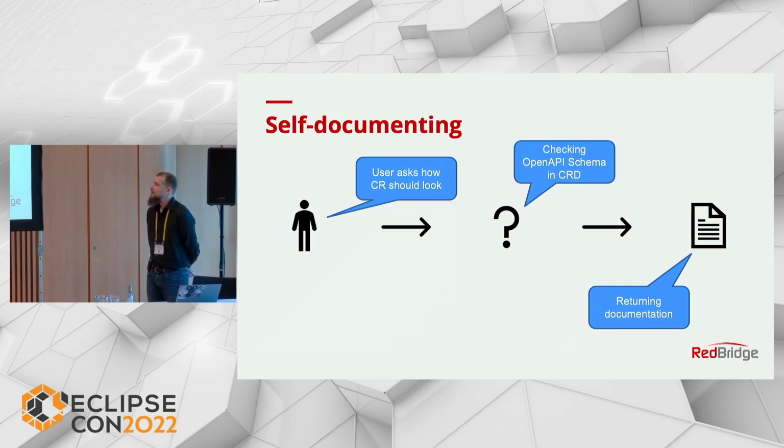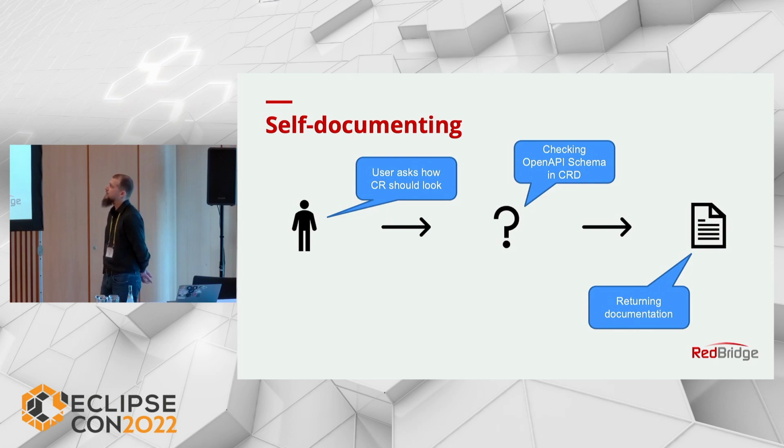We want self-documentation. I said that before. I don't want to guess what those different attributes mean. I want to know what they mean, and I would like to know that before I have to search in the controller source code or the operator source code, or search somewhere on the internet if there's some explanation of what this attribute actually means.